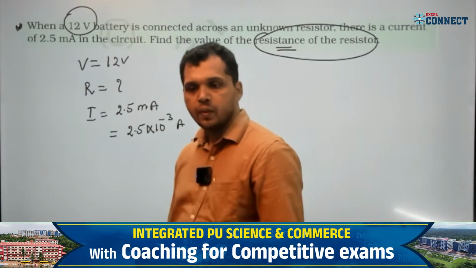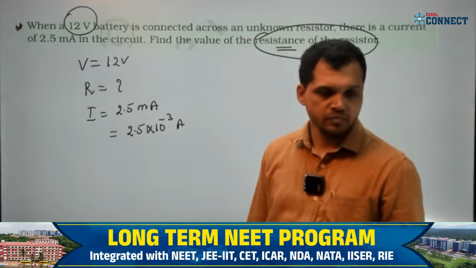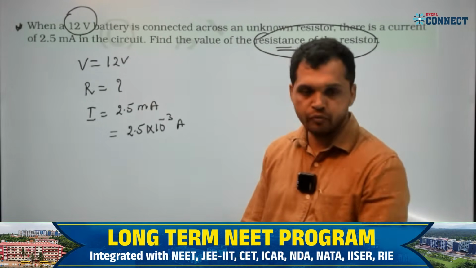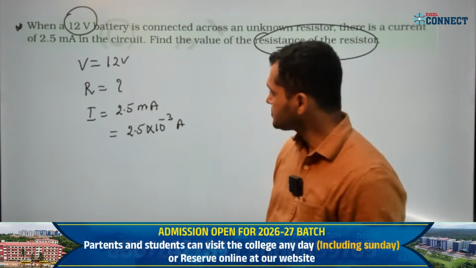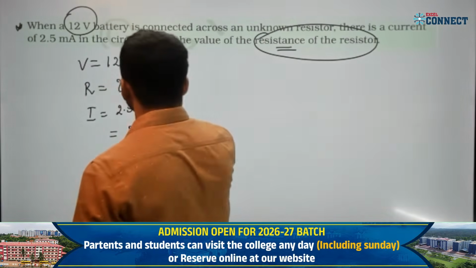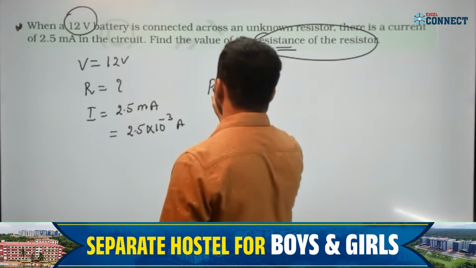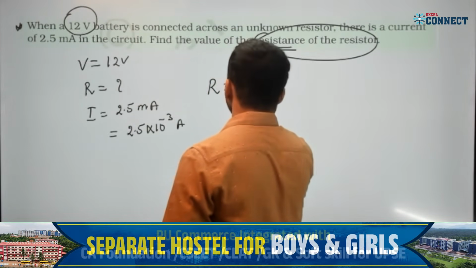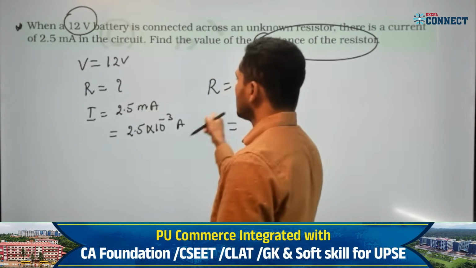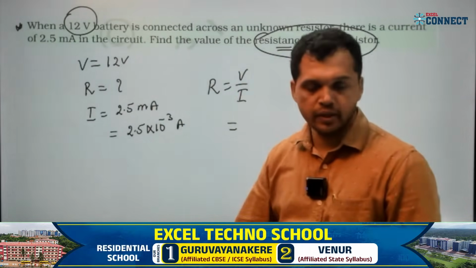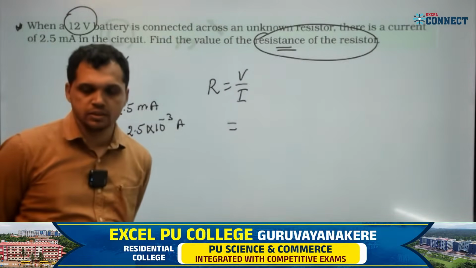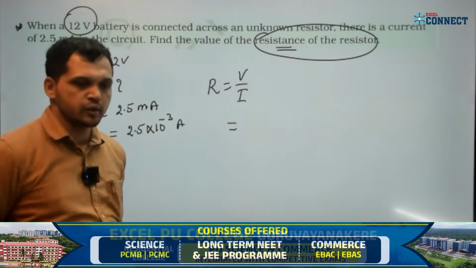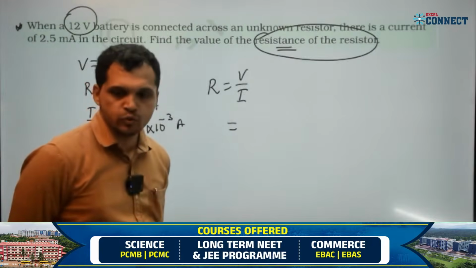Students, simplify and try to get the answer. R is equal to V by I. Substitute these data and simplify. You get the answer easily, just 20 seconds.